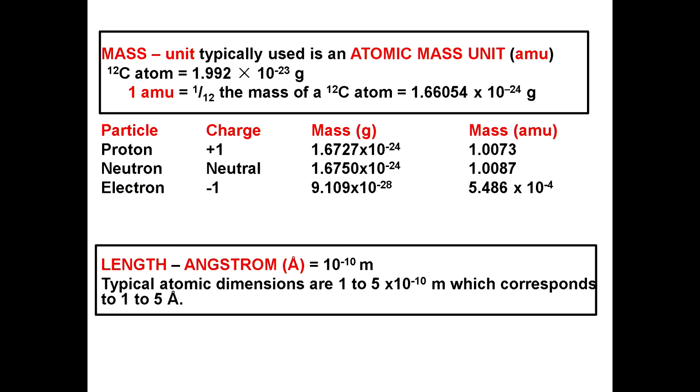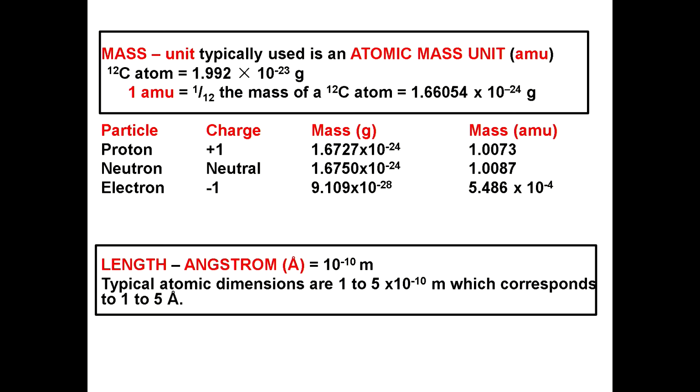This is much smaller than the other two. So when we calculate the mass of an atom, we don't consider the mass of electrons because it's too small. So this is about using AMU as the unit of mass to get numbers for different particles.